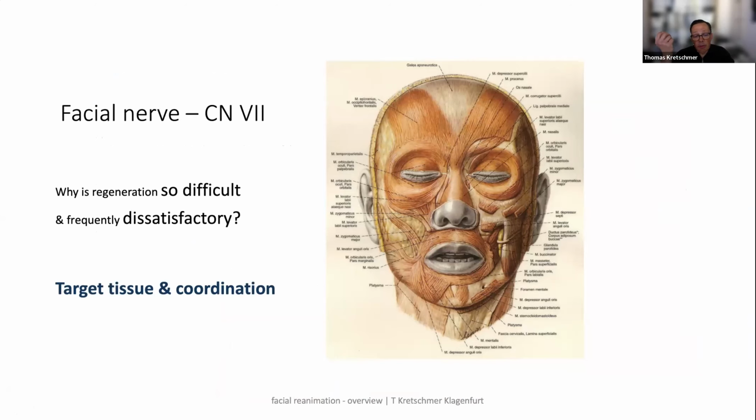So the principal question: why is regeneration so difficult, and why is it frequently dissatisfactory? And basically, Corey already gave the answer. Just look at all these tiny muscles, and all these tiny muscles only work in coordination. And that is why it's so difficult to get satisfying regeneration. It would be a lot easier if you had bulky and not such a fine musculature.